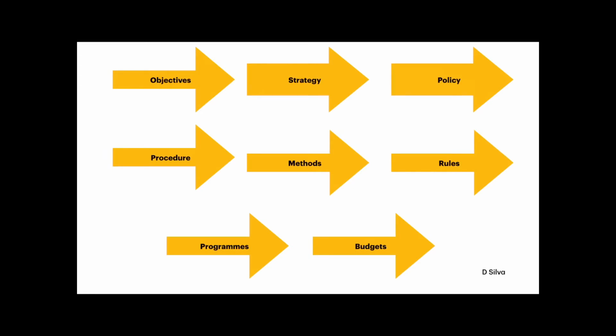Based on what the plans seek to achieve, plans can be classified as objectives, strategy, policy, procedure, method, rule, program, budget. Let's look into the first one, objectives. Objectives are defined as ends which the management seeks to achieve within a given time period.